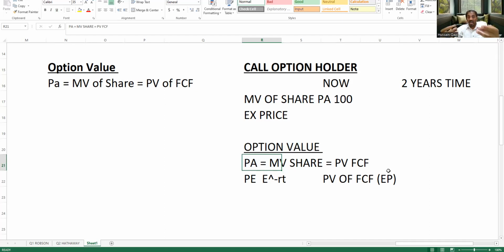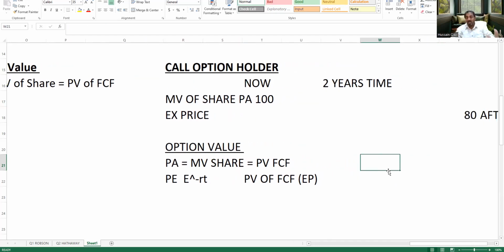PE, now terms: exercise price times E minus RT. So the exercise price that will actually be paid after 2 years provides the value now by E and the variable called minus RT. So you must be careful with this. Number one, do reply to me. Is that clear, all of you?